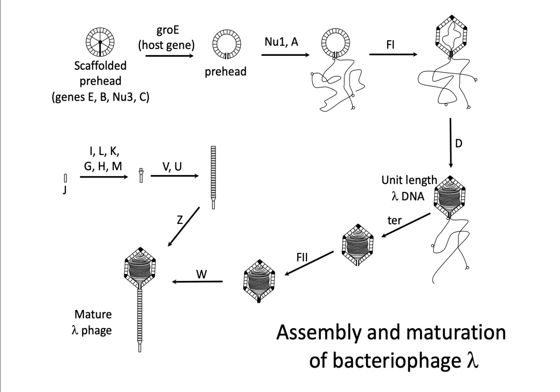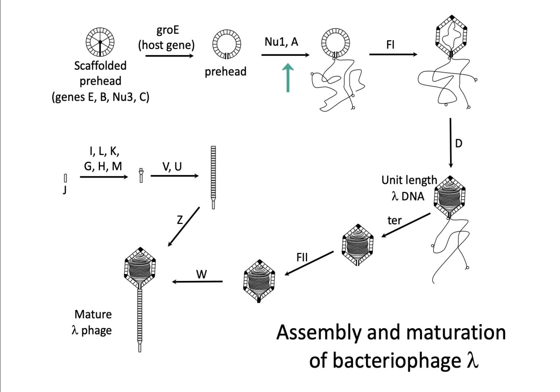This shows the assembly and maturation of bacteriophage lambda, starting from the upper left to create the head. A scaffold pre-head is produced from several proteins from several genes, and then the GRO-E product finishes off the head, and the GRO-E is from a host gene.